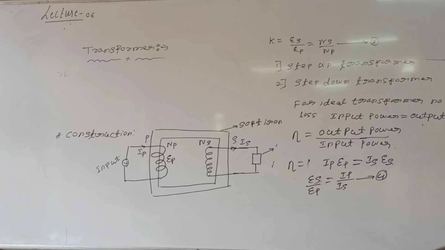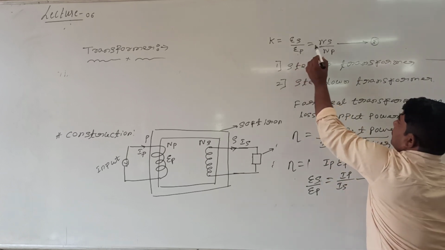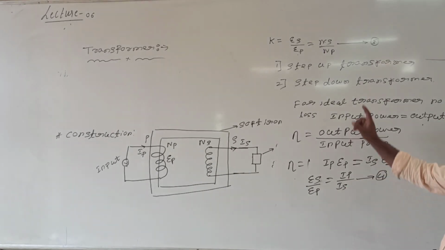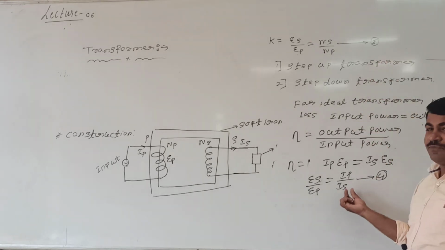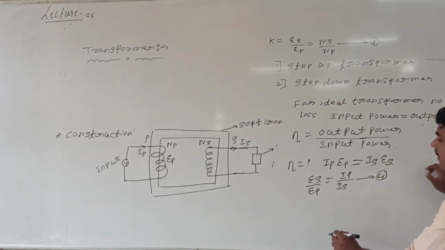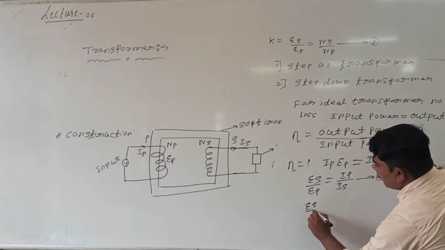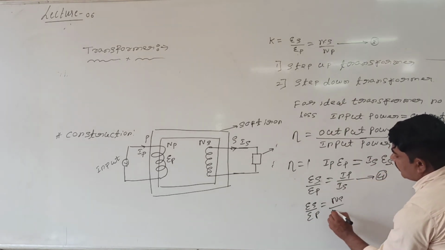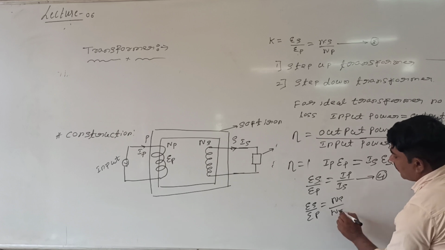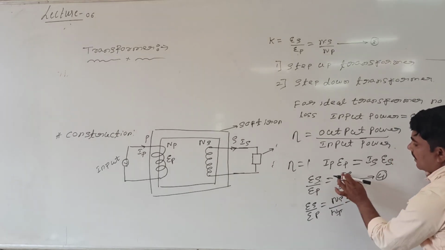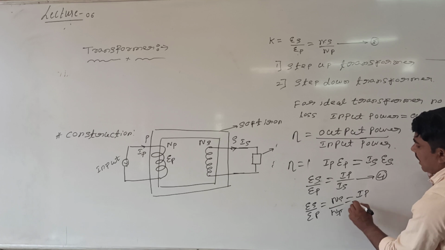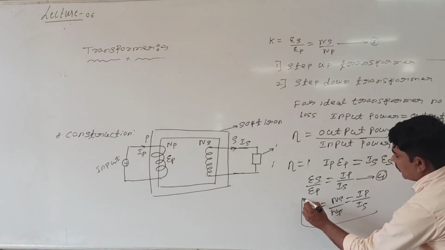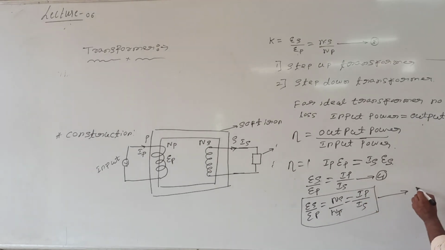By combining them, what can I get directly? NS divided by NP is equal to IP divided by IS. Let us call this equation number 5.